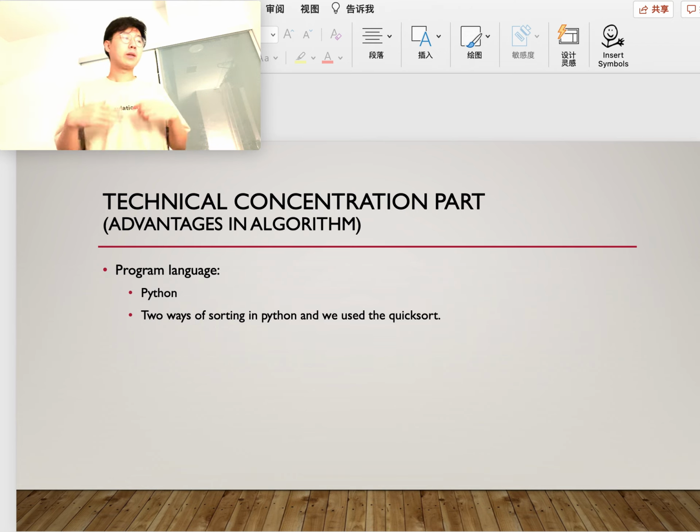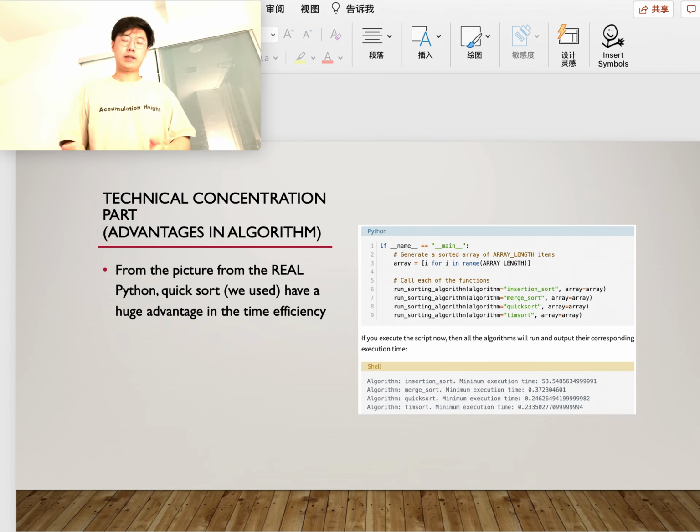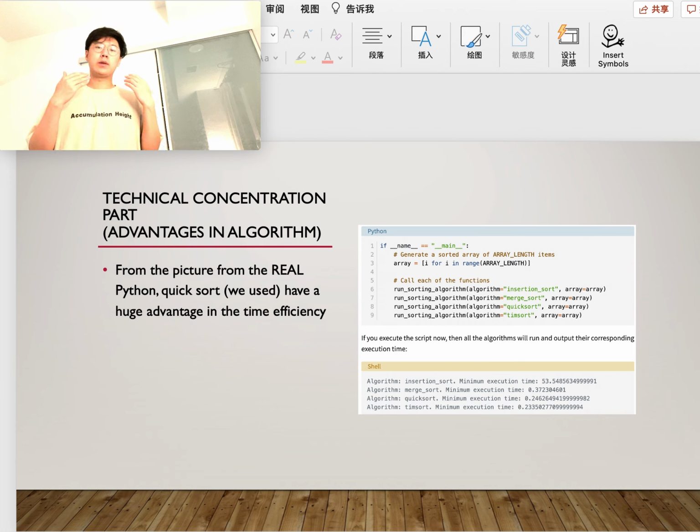From the picture I showed in the outline and on the slides, you can see that the method we used, quick sort, is much faster than the built-in sort in almost all occasions, especially with high volume, which means many votes. Our quick sort can solve the problem very quickly.